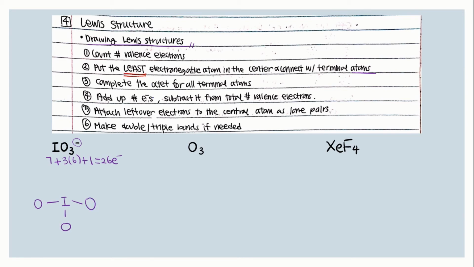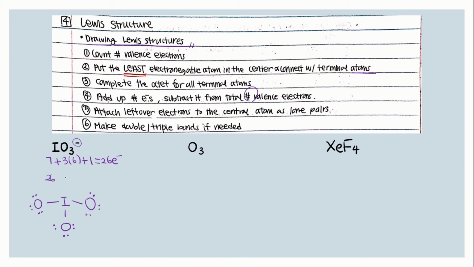You have to complete the octet for all terminal atoms. So you complete the octet for all 3 oxygens. And then you add up the electrons you have, which is 8 times 3, 24. Then you subtract it from the total number of valence electrons.